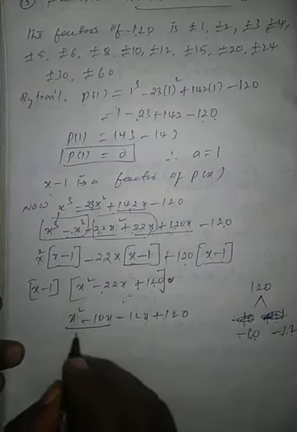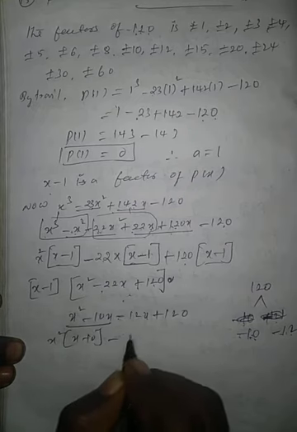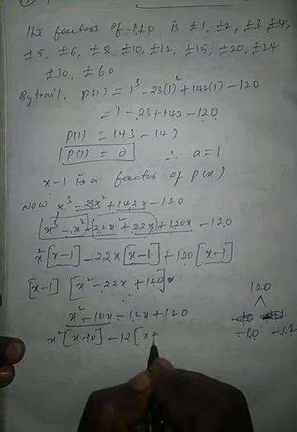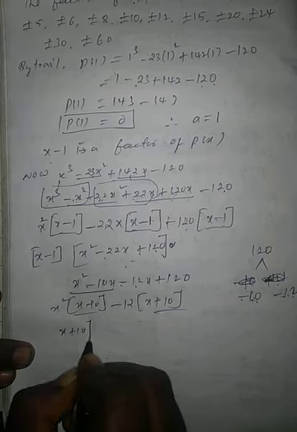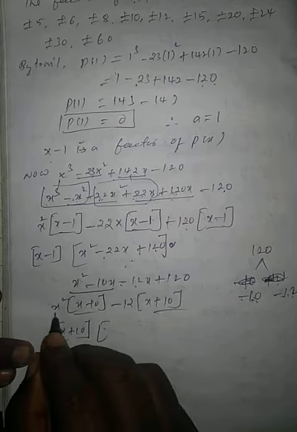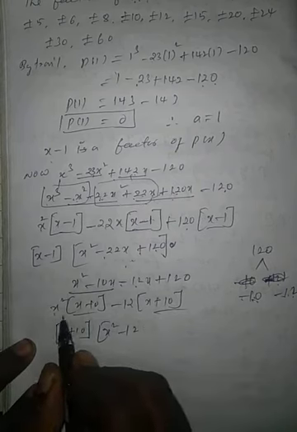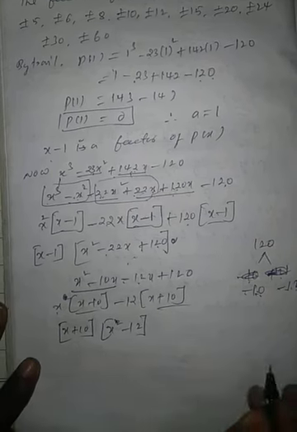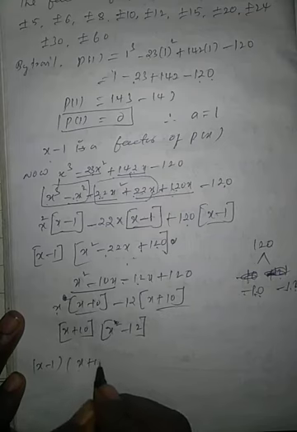The common factor in the first two is x, so x into x minus 10, and minus 12 is the common factor, so x minus 10 and x minus 10. Here it is only x, not x square, so x minus 12.